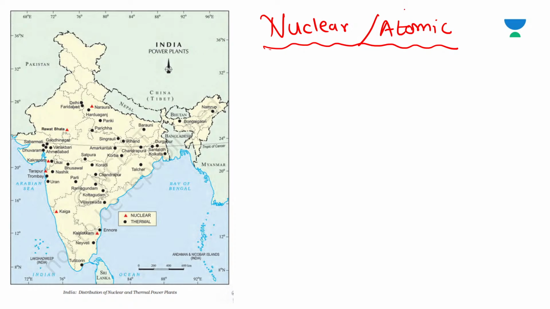Nuclear energy is obtained by altering the structure of atoms. When such an alteration is made, much energy is released in the form of heat, and this is used to generate electric power.